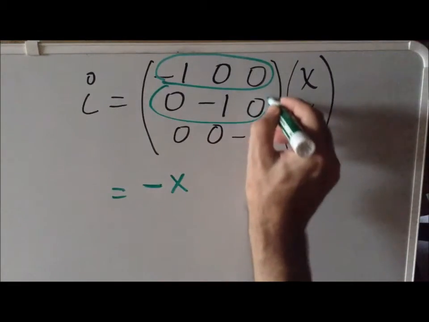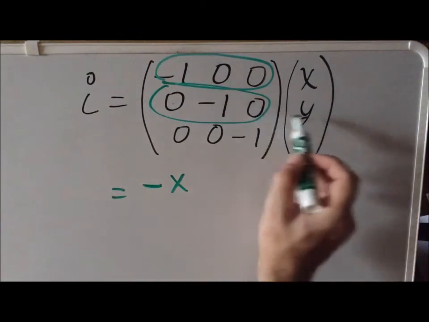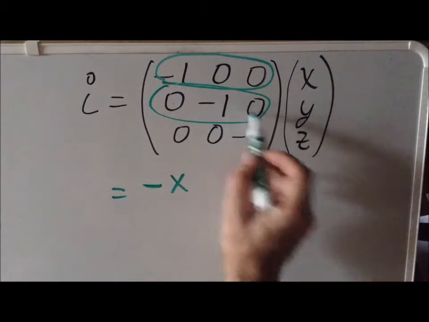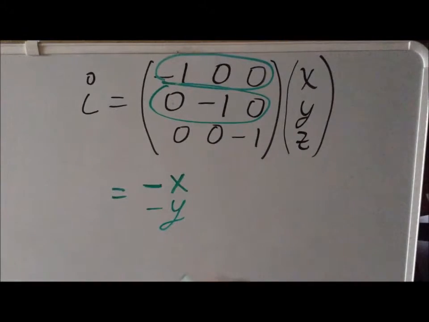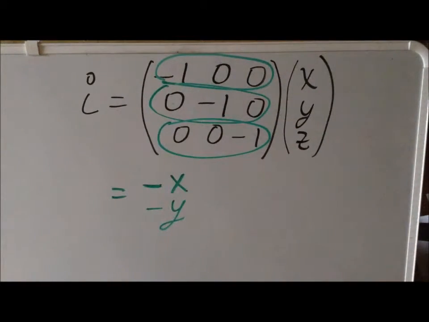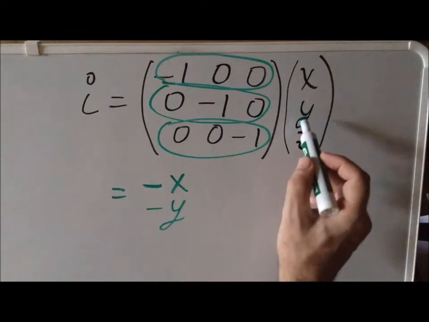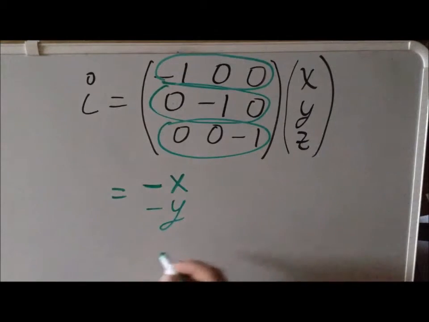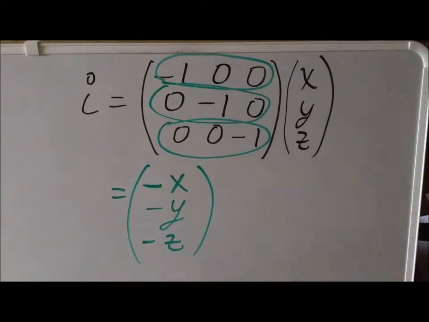So 0 times X plus minus 1 times Y plus 0 times Z gives us minus Y. Last but not least, the third row is 0, 0, minus 1: 0 times X plus 0 times Y plus minus 1 times Z gives us minus Z. So this transforms the point X, Y, Z into the point minus X, minus Y, minus Z.